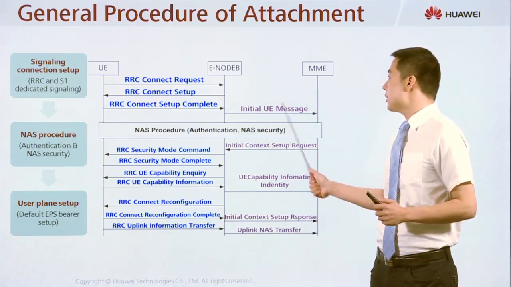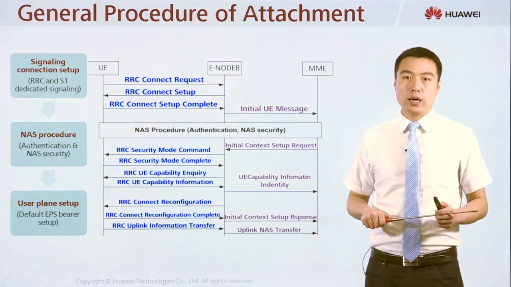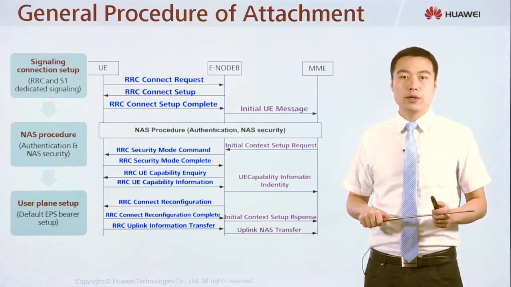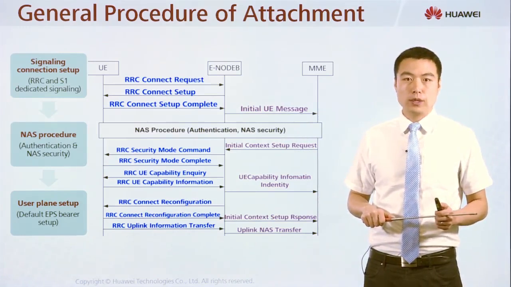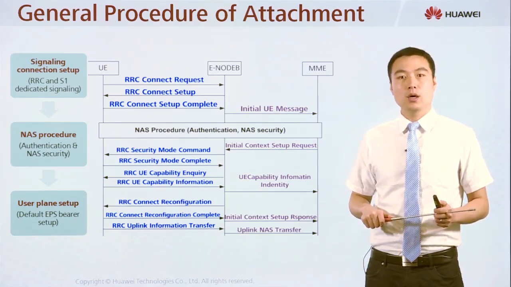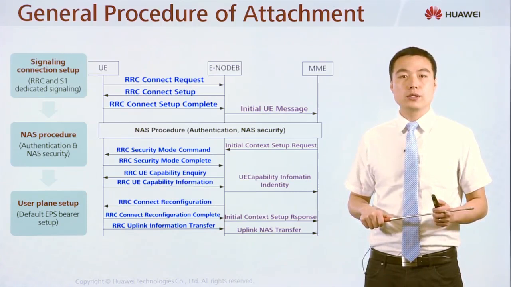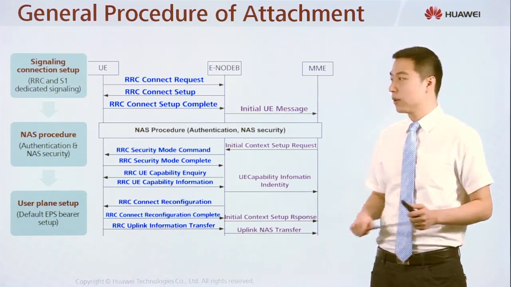After the MME receives the initial UE message, the MME will start the authentication and the security mode for this user. If the UE wants to set up services, we must check the identification of the UE, whether this UE is a legal user or an illegal user.